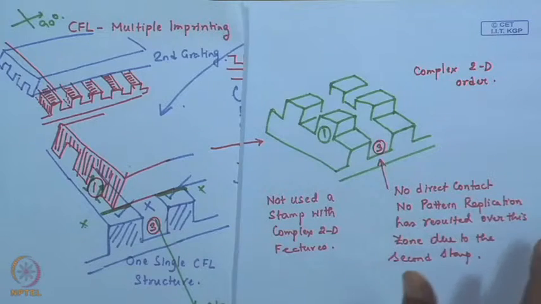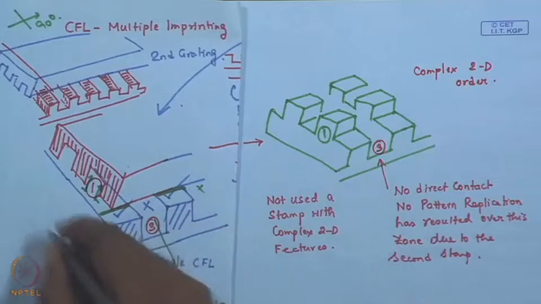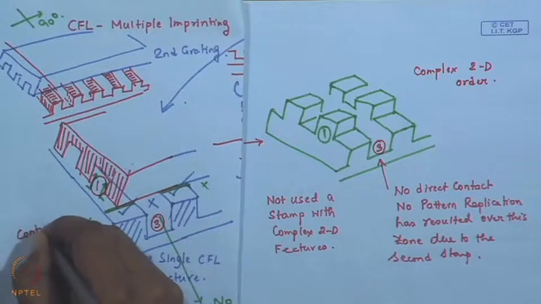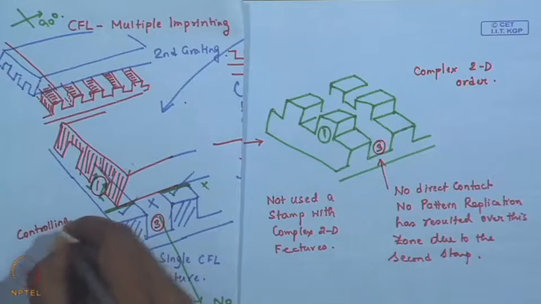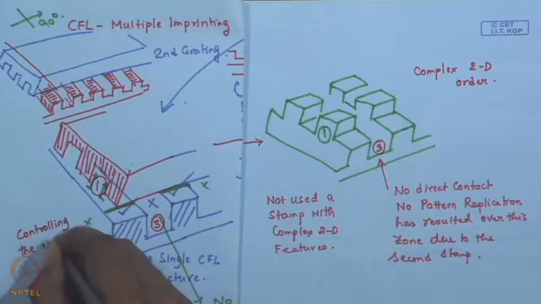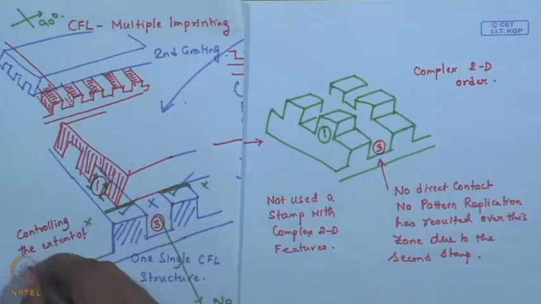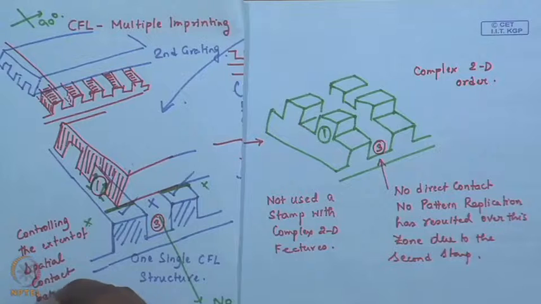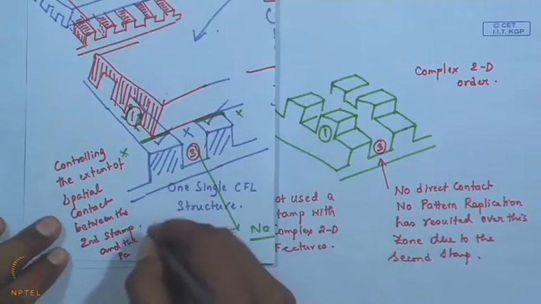So, all you are doing is varying or controlling the extent of spatial contact between the second stamp and the patterned film.